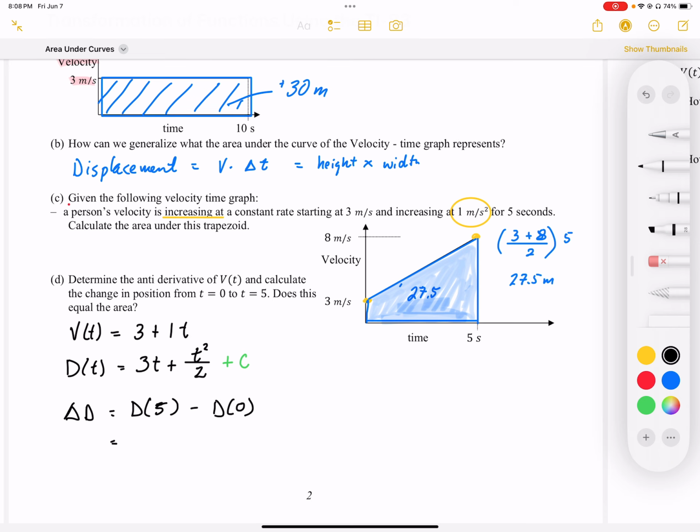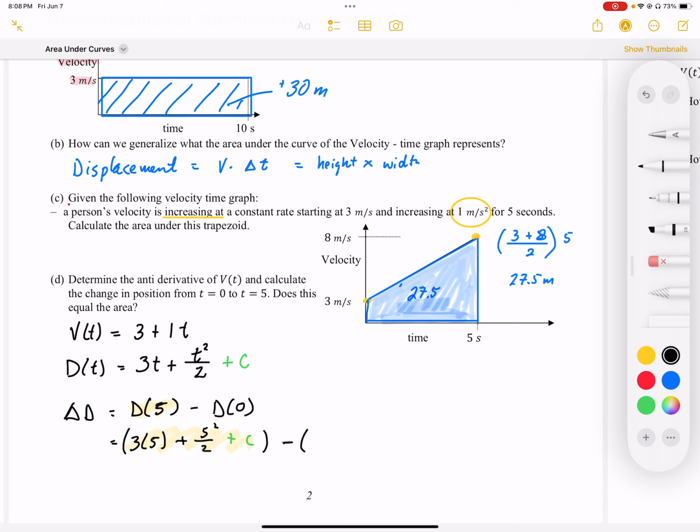And we can just plug that into the function. So d at t equals 5 is going to be 3 times 5 plus 5 squared over 2, and then we do have this plus c. And then we're going to subtract. I'm just going to color code this. This is d of 5 here, and we're going to subtract d of 0.